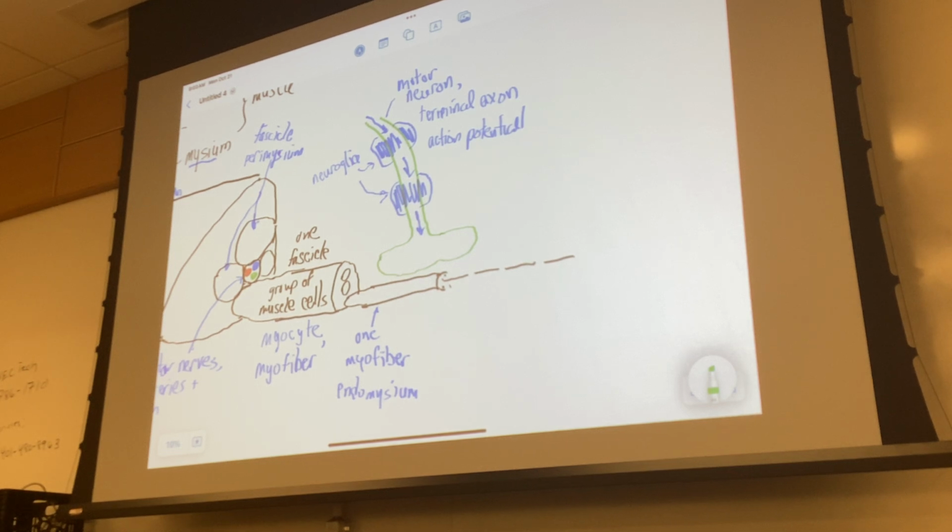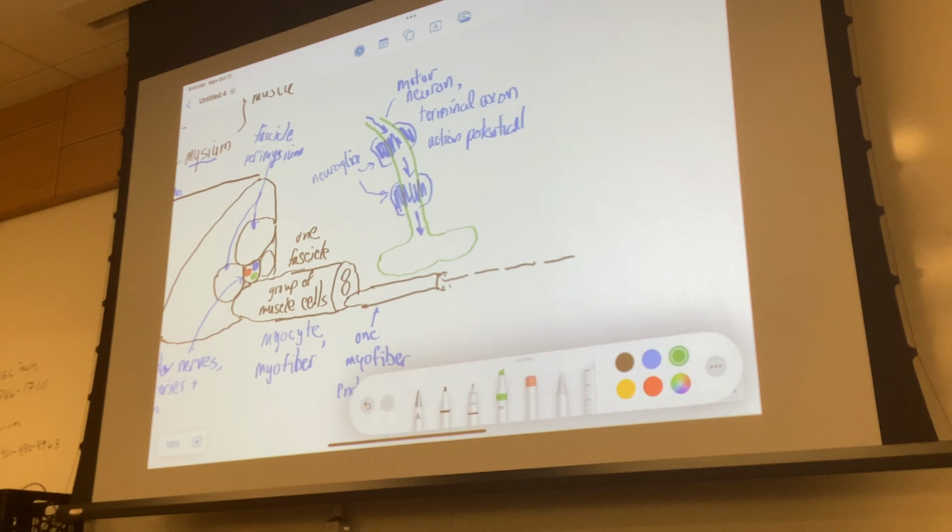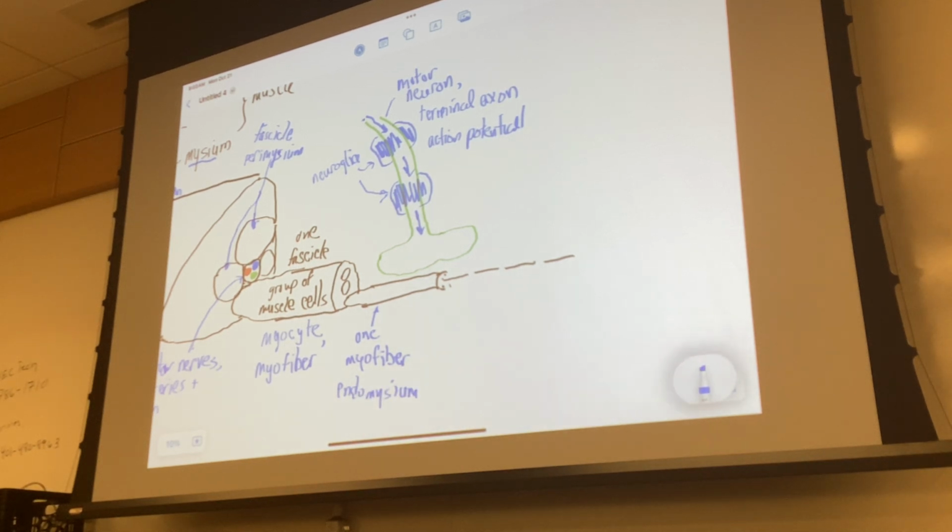So the idea here is, and I put arrows down in blue that go from the upper left, this arrow right here is sending the signal down the terminal axon to the end of that terminal axon.